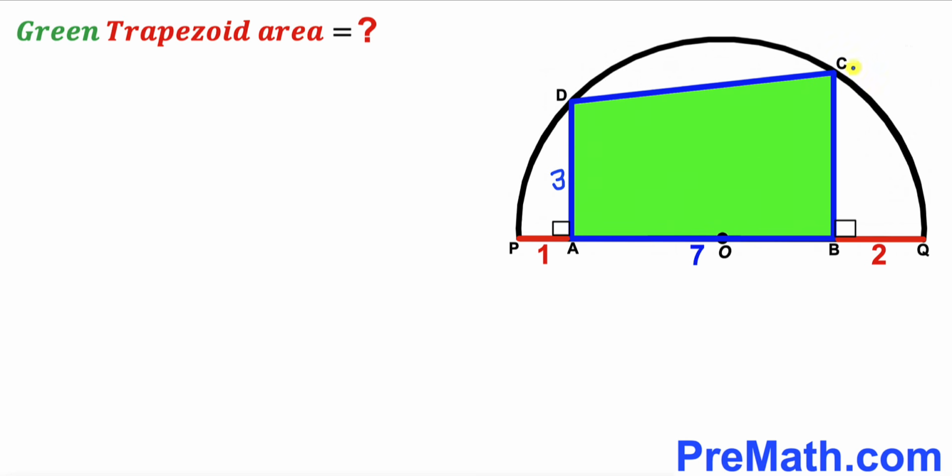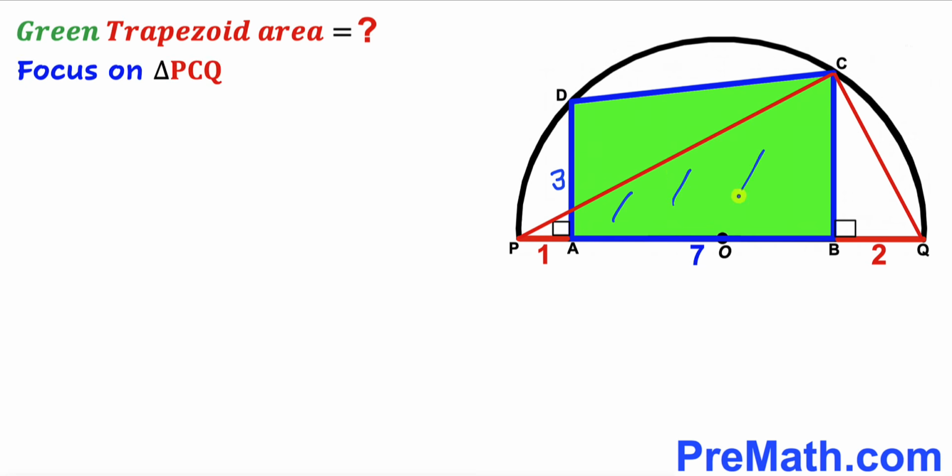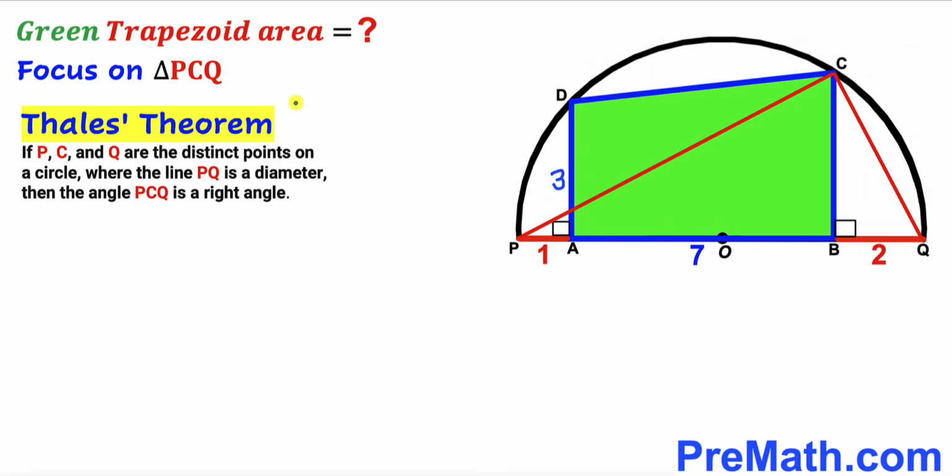In this next step, I am going to connect this point C with these points P and Q. As you can see, I have connected these points, and we end up with this triangle PCQ. Let's focus on this triangle PCQ, and we are going to recall the Thales theorem once again.